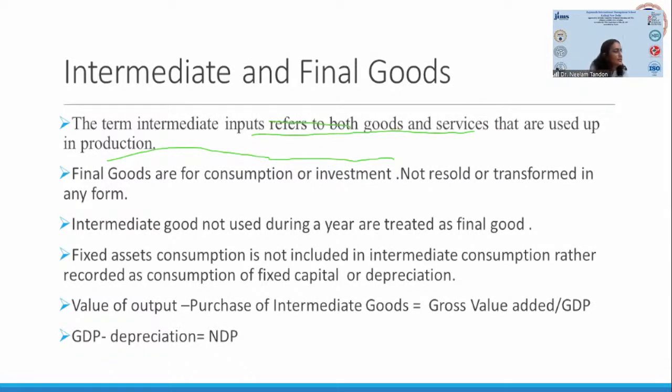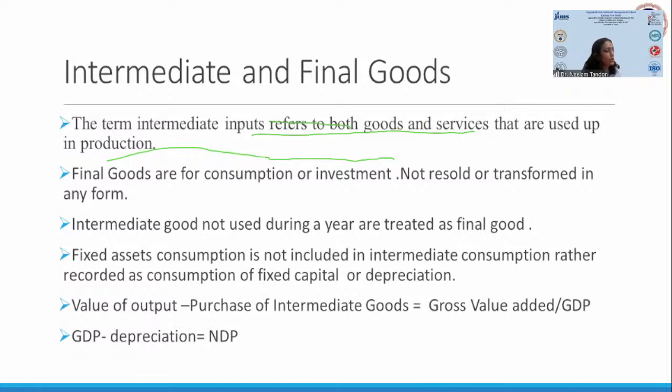So that is why depreciation is included in GDP. There are two ways to calculate. Normally, countries categorize themselves as developed and underdeveloped by taking GDP, because consumption of fixed capital is a nomenclature which is followed.